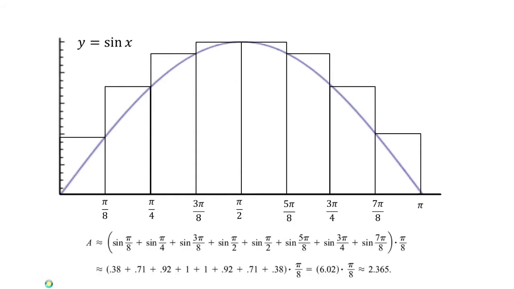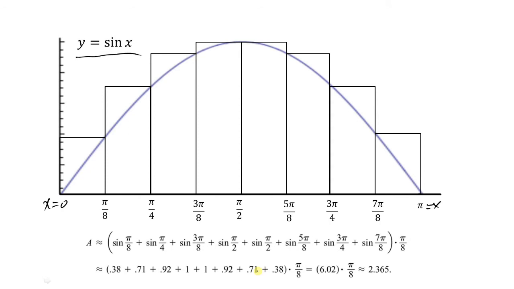Now we're going to do one more example. Suppose we want to find the area under the sine curve between x equals 0 and x equals pi. And obviously you see the sine function, the upper lobe between 0 and pi. And suppose here we want to use 8 rectangles.